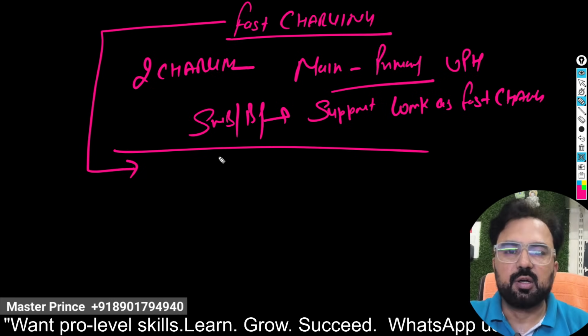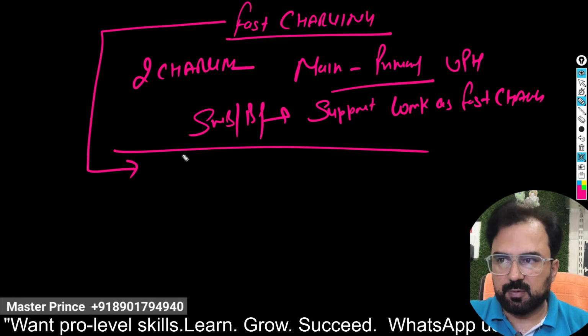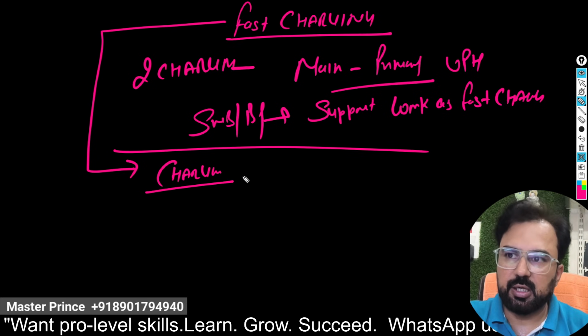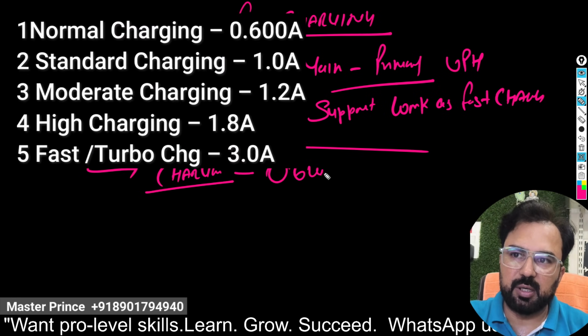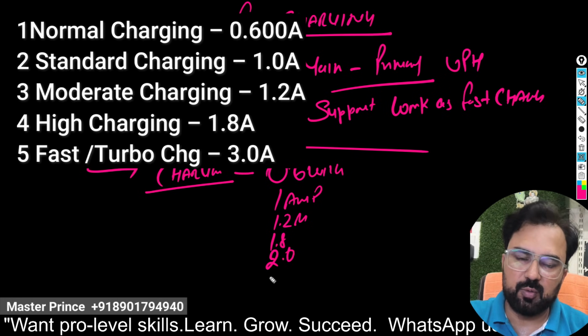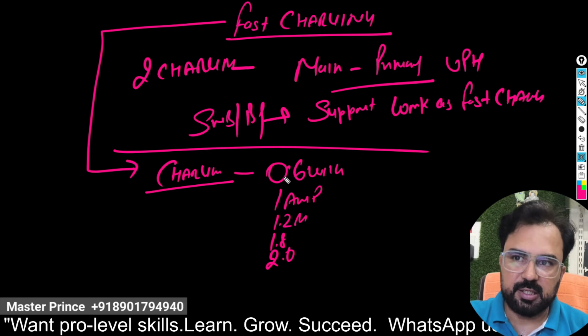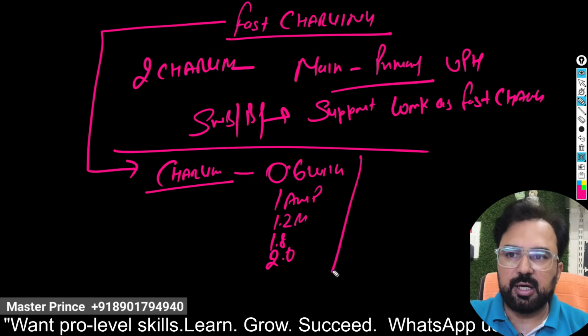When you connect a charger, it starts with 0.6 ampere, or 600 milliamp. After that 1 ampere, 1.2, 1.8, 2.0. This kind of scenario.